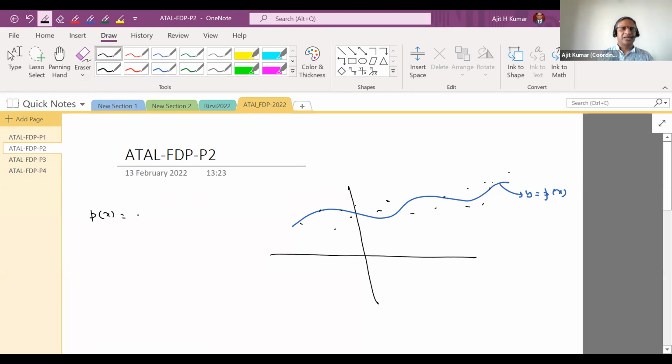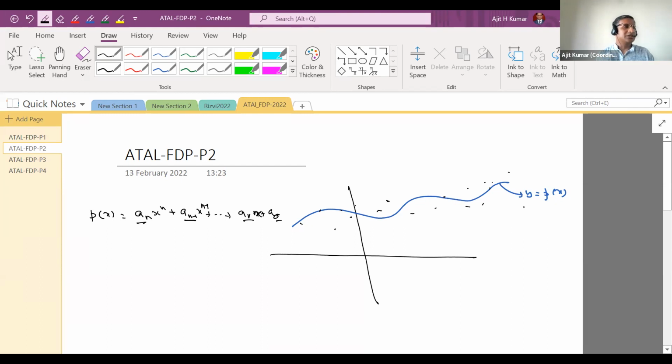Let us write it as a_n x to the power n plus a_(n-1) x to the power n minus 1 plus dot dot dot plus a1 x plus a0. This is the polynomial you want to fit. So that means you want to find these parameters a_n, a_(n-1), a1, a0, such that this is the best fit.